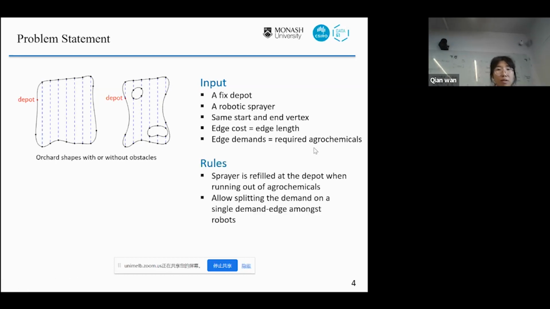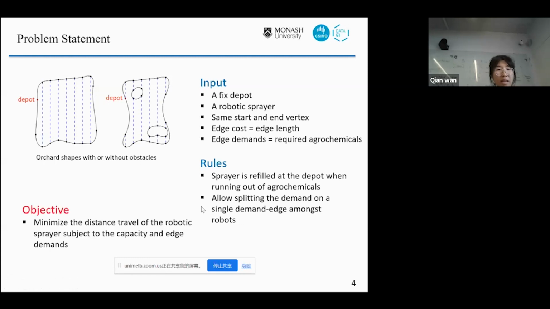The rules are, first of all, the sprayers are refilled at the depot when running out of chemicals, and we allow splitting the demand on a single demand edge among robots, which means that a single demand edge can be served by more than one robot. Our objective is to minimize the distance traveled by the robotic sprayer subject to the capacity and edge demands.